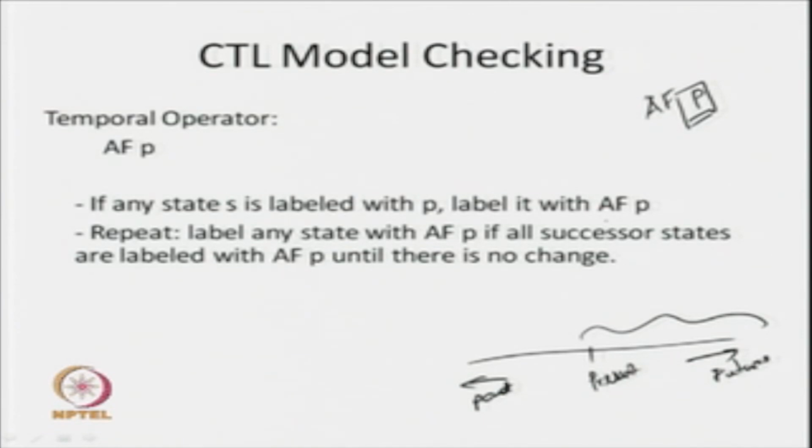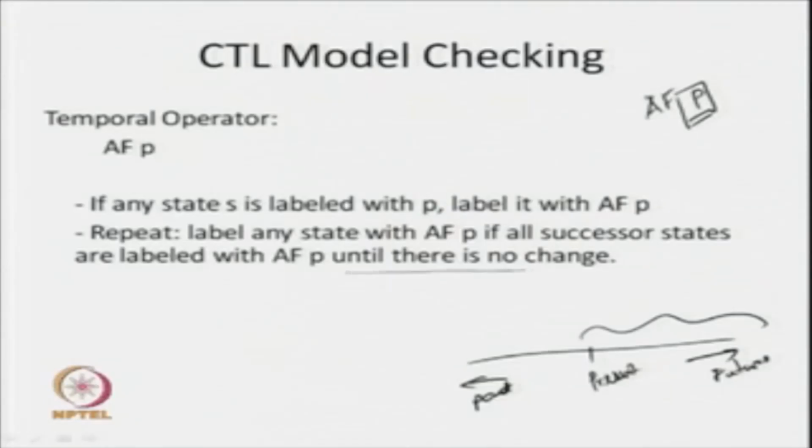Then we are going to repeat our procedure: label any state with AFP if all successor states are labeled with AFP, until there is no change. That means we are going to collect the states iteratively, and if we cannot include any more states, then we can stop at that particular point. So, this is what is meant by until there is no change.